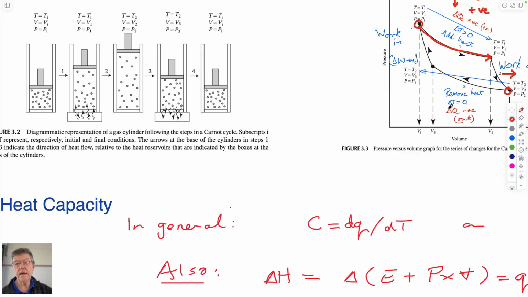Then you take this and you take heat out of the system. So Q out is negative Q by definition. So in condensing it, you take it from a gas and remove heat to make it a liquid again.